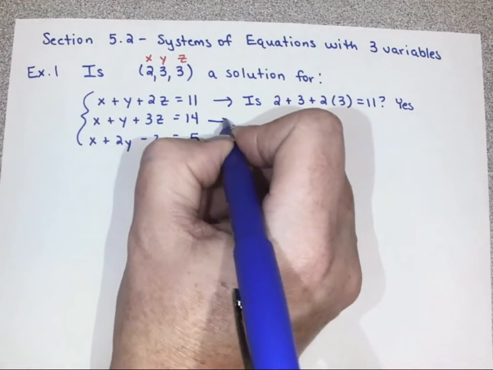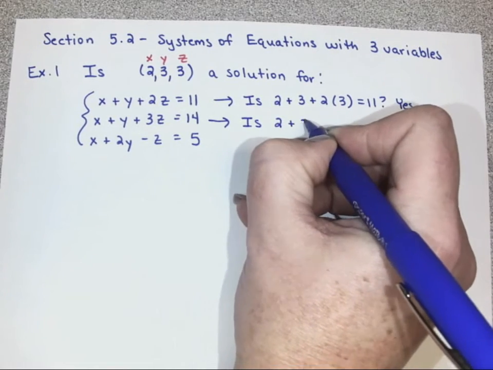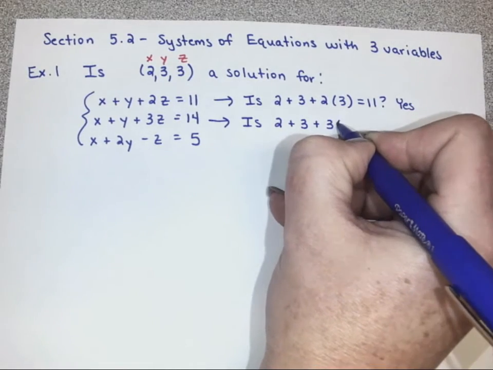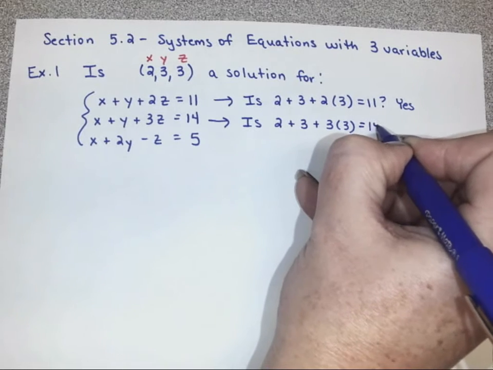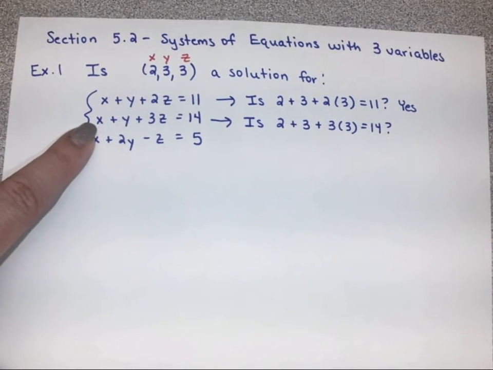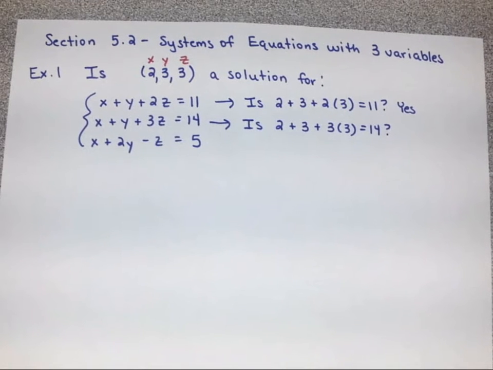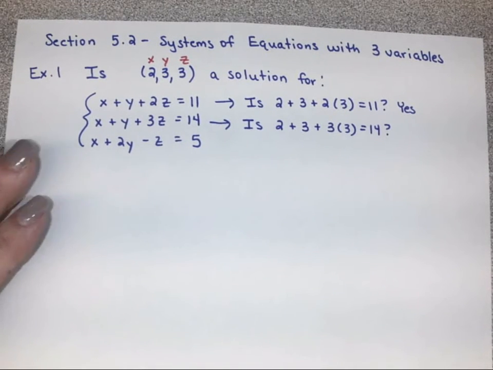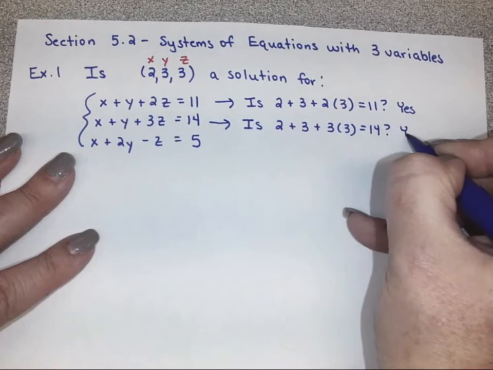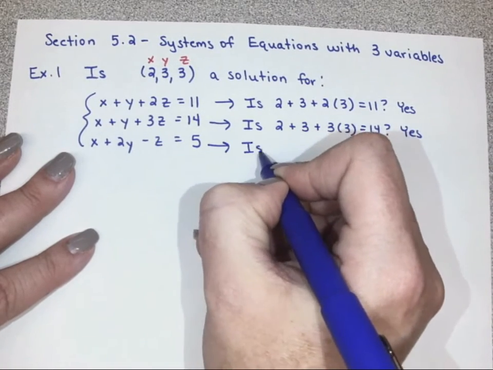So let's check the second one, because for it to be a solution, it's going to have to work for all of them. So is 2 plus 3 times 3 equal to 14? Notice, all I'm doing is taking this second equation and plugging in 2, 3, and 3. So I get 3 times 3, which is 9, plus 2 plus 3. So that works also. So lastly, let's check the last one.